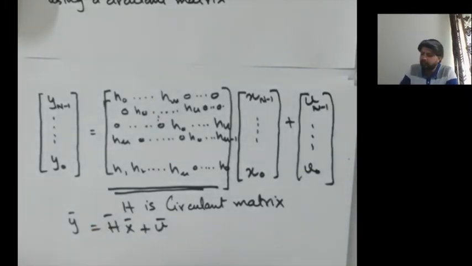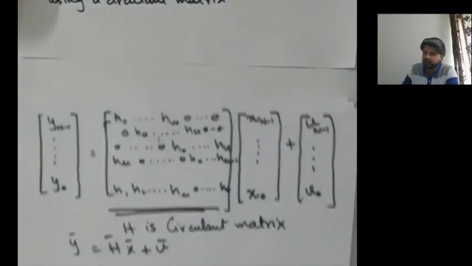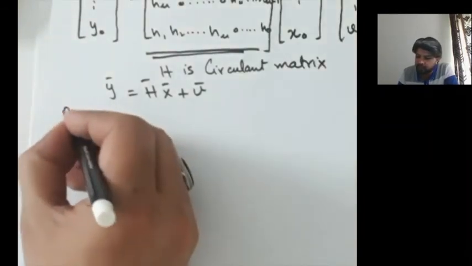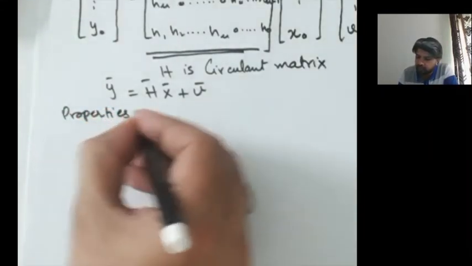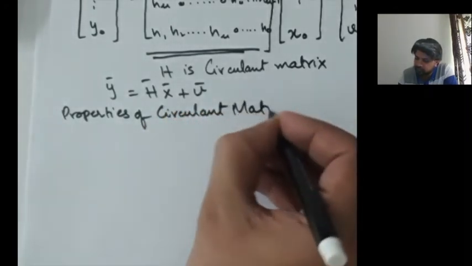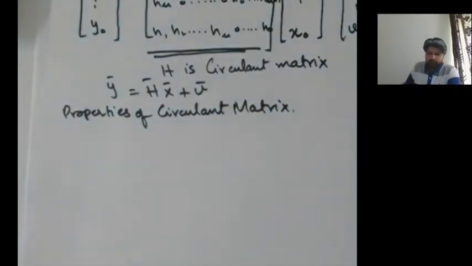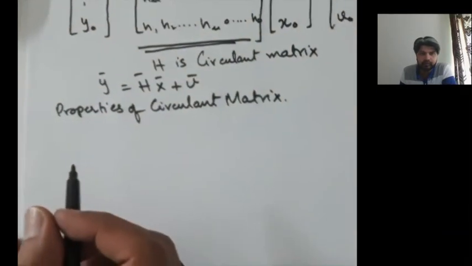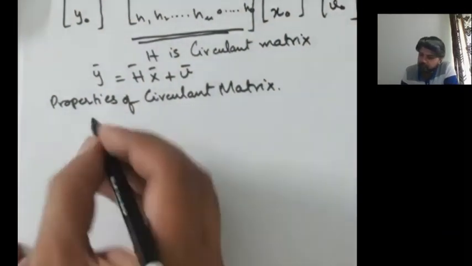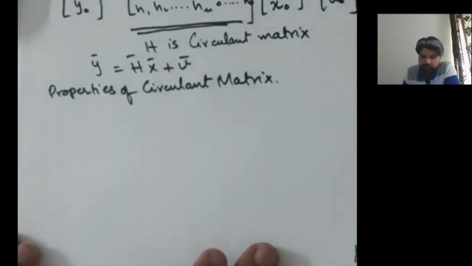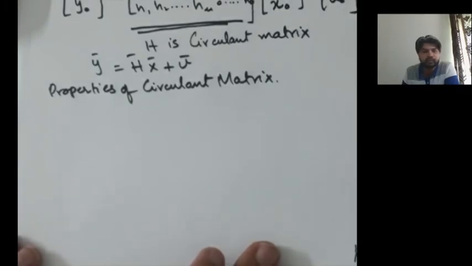Now we would look at the properties of the circulant matrix, and that would ease our analysis a little. So let's look at some properties of circulant matrix. One of the properties of the circulant matrix is that the normalized eigenvectors of the circulant matrix have a very specialized form, I should say.